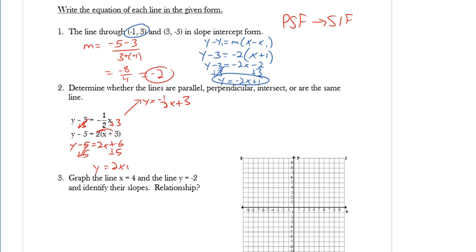Y equals 2x plus 11. So here's one equation, here's the other equation. Okay, they're clearly not the same line. They're not parallel because they're not the same slopes. If you look at their slopes, though, you can see one's -1/2, the other one is +2 or +2 over 1. So we would say that these are perpendicular.